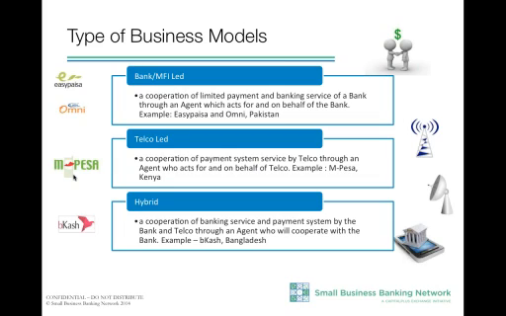The back end is handled by BRAC Bank, which looks after compliance. But Bcash itself operates more like an aggregator. They're completely focused on signing up customers and expanding their agent network. So it's a different model altogether.